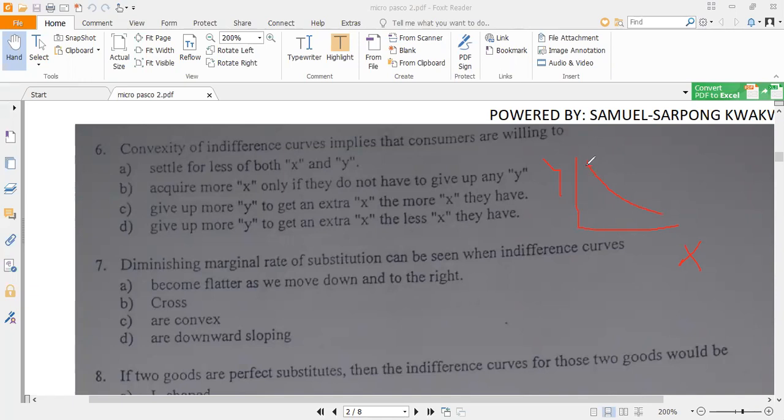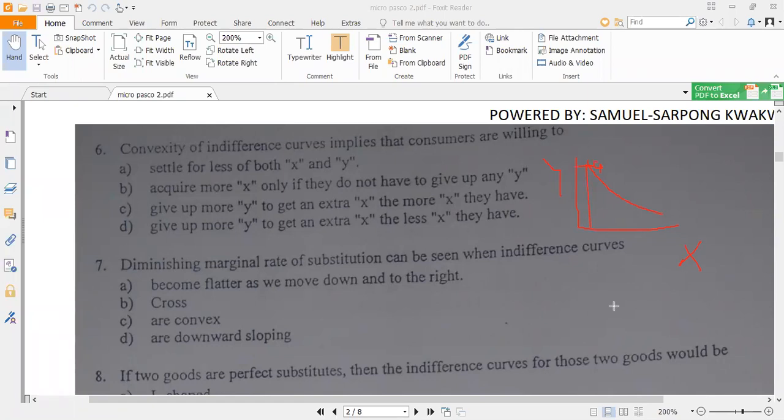Let's assume the individual is consuming bundle A. For bundle A, the person is consuming more units of Y than units of X. So you are consuming so much of one and too little of the other.